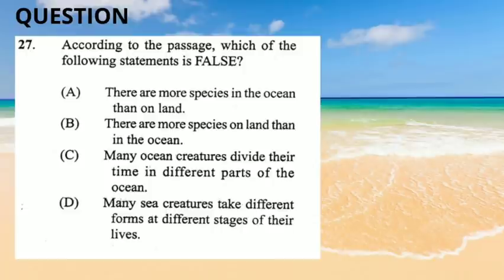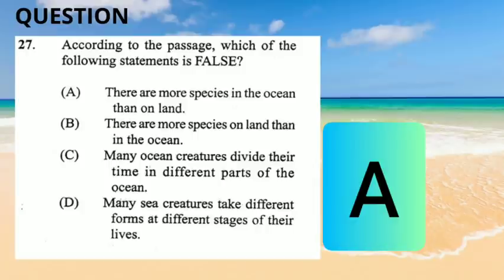The statement which is false is A. There are more species in the ocean than on land. Line 19 says the opposite of this. There are fewer species in the oceans than on land.